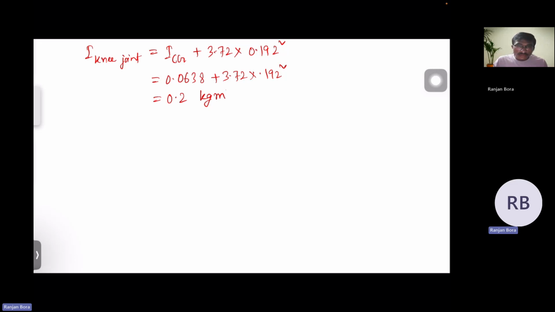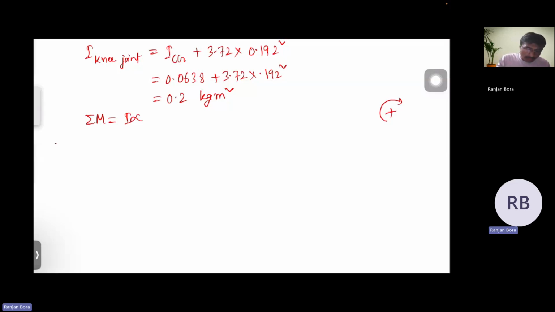Now we need to use the moment equilibrium equation, which is summation M equal to I alpha. Here we are taking moment equilibrium about the knee joint. In this case, we are assuming the clockwise direction is positive.